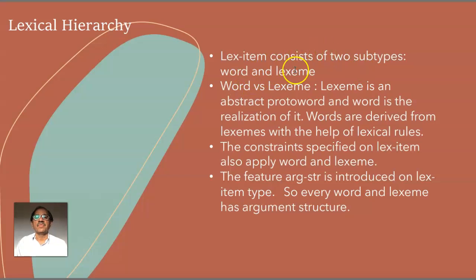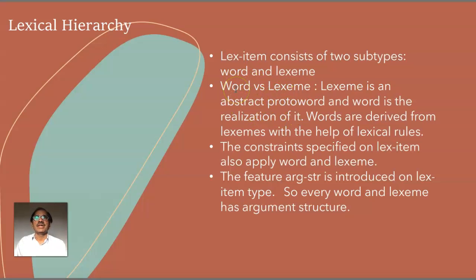What are the subtypes? Word and lexeme. What are words and what are lexemes? Lexeme is an abstract proto-word and word is the realization of it. Words are derived from lexemes with the help of lexical rules. What do you mean by these?